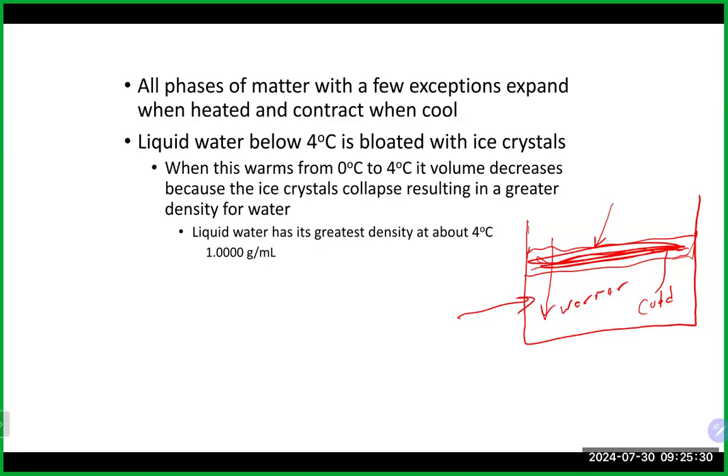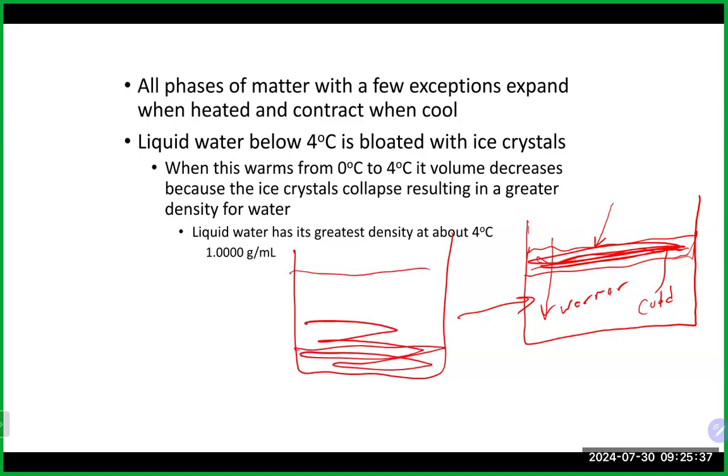If it was the other way around, that would probably be disastrous, because it would freeze from the bottom up, and anything there would probably not be able to survive in the frozen ice. So that's good that it doesn't do that.